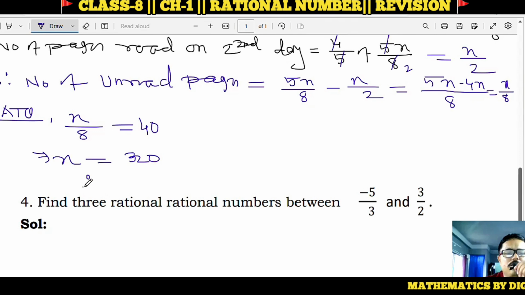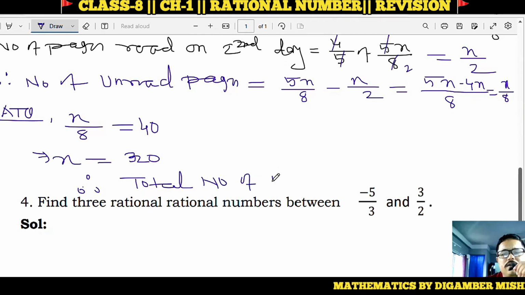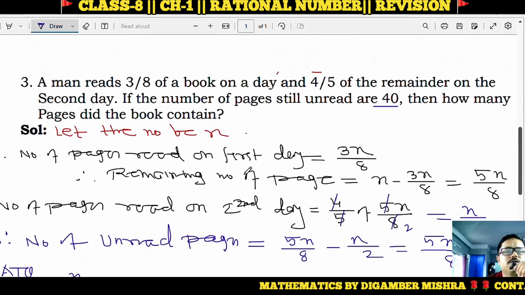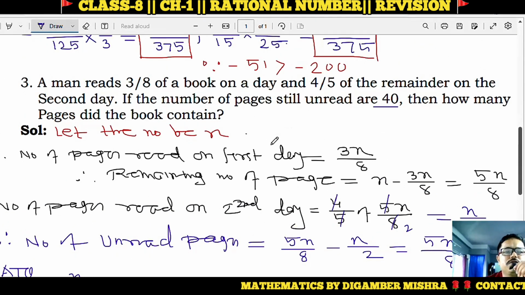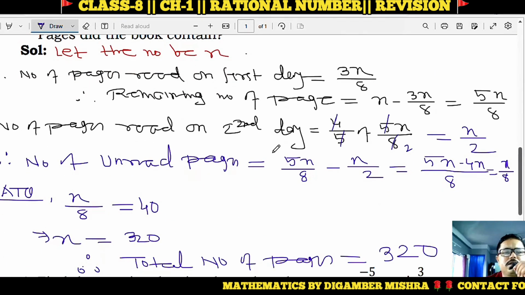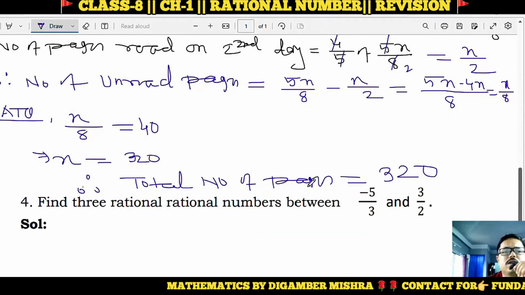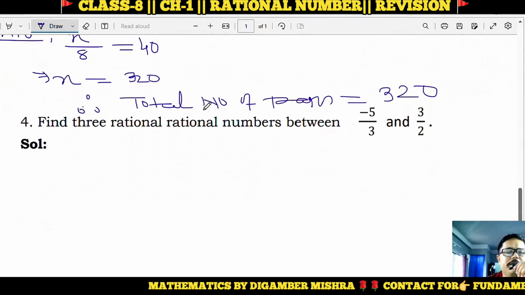So the total number of pages is 320. Have a look here, this is the question and this is its full solution. The answer has come 320, so the total number of pages is 320.